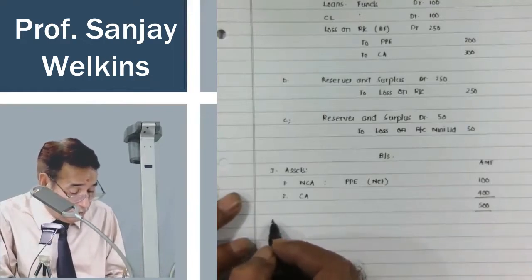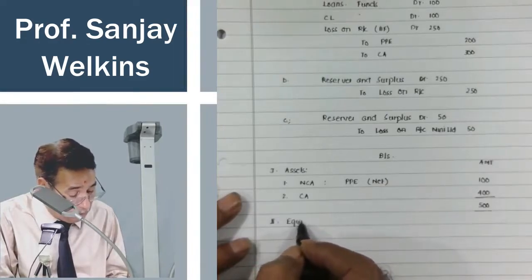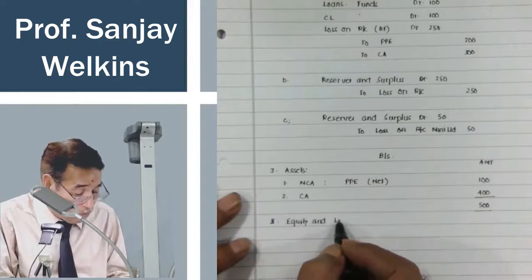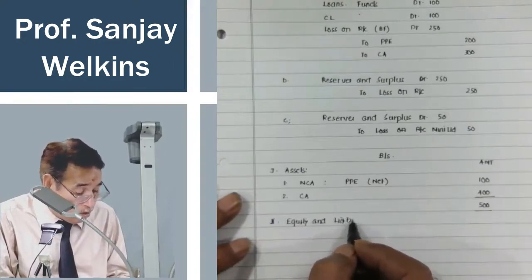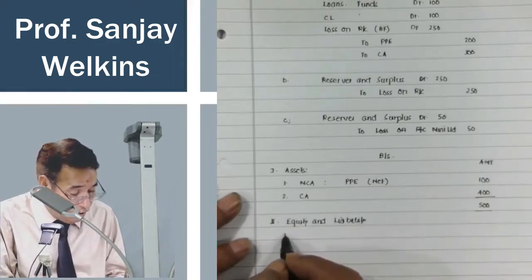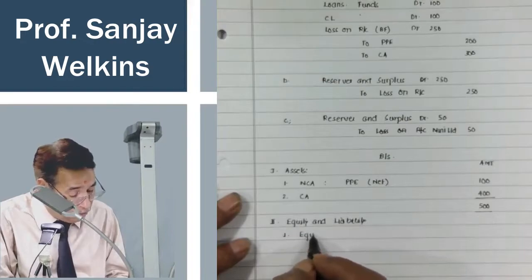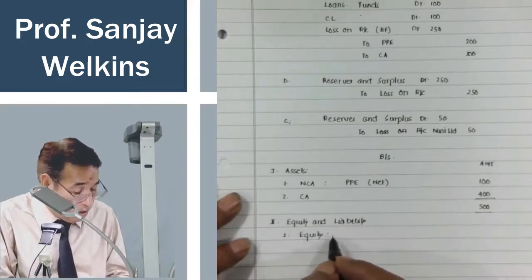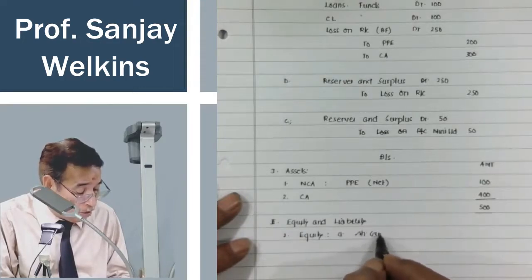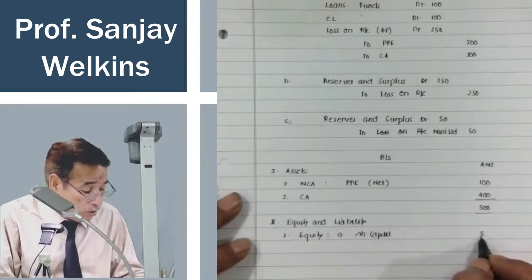Now, equity and liability. As far as equity and liability is concerned, we shall write first of all equity. Under equity, we shall write share capital. I told you share capital of the organization will come here. So we need not bother about anything else.